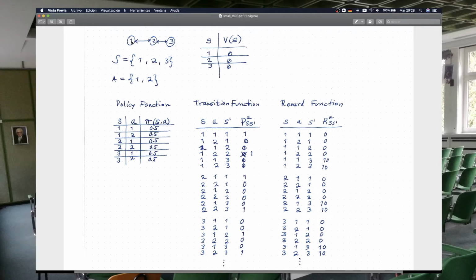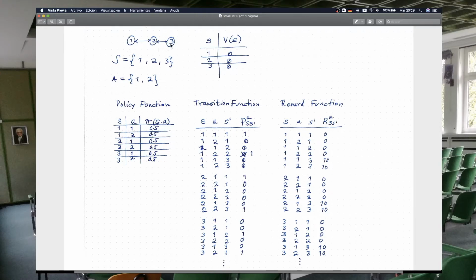That's the rule in this MDP: if you are in 1 and apply go left, you will stay in state 1. If you are in state 1 and you apply right, you will end up in state 2.